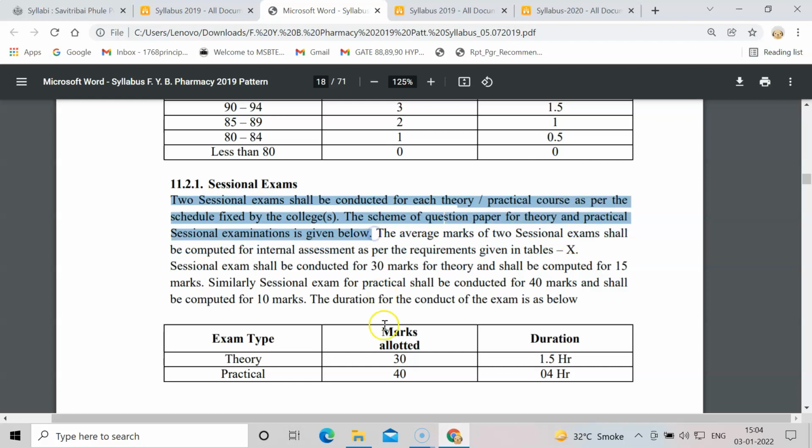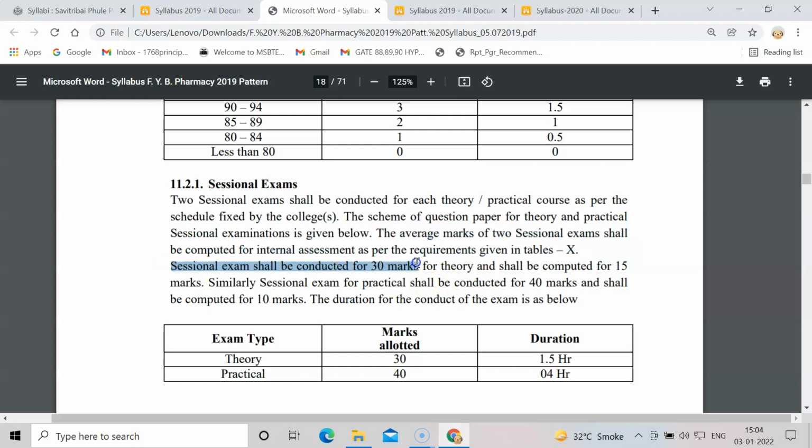See here, don't get confused: theory was for 15 marks, and how does this 15 marks actually become 30? The average marks of 2 sessionals shall be computed for internal assessment as per the requirement of table number 10, which we have seen earlier.